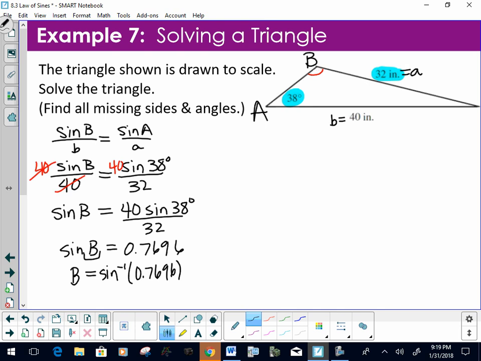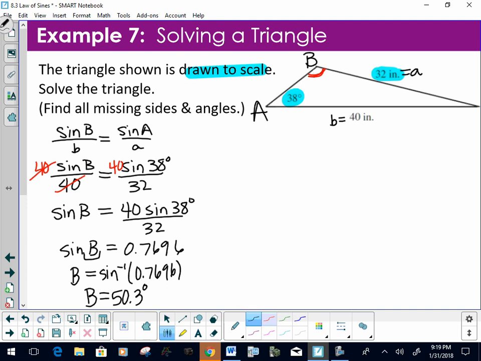And so we do that in our calculator, and our calculator says your angle is 50.3 degrees. But remember, our instructions said our triangle is drawn to scale. So I look at angle B up there at the top, and I think, my goodness, does that look like a 50-degree angle?